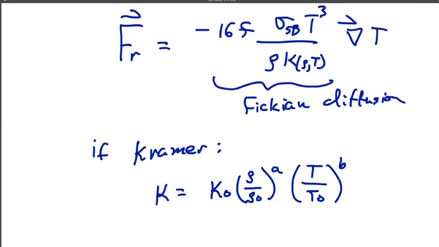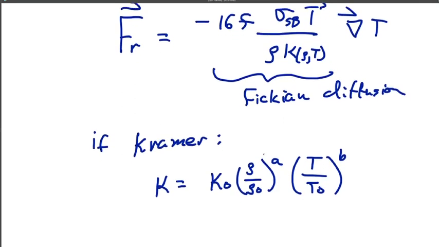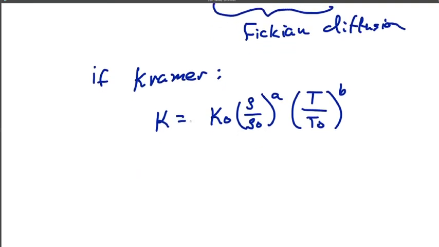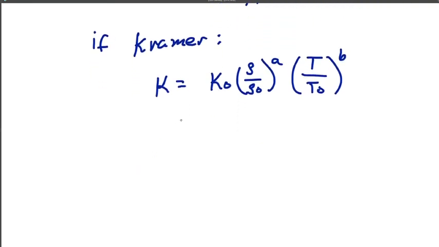If we now put this into our radiative flux, we obtain an expression with the following form. If we put these in, we get that the radiative flux is equal to minus 16 times F times the Stefan-Boltzmann constant divided by kappa naught.